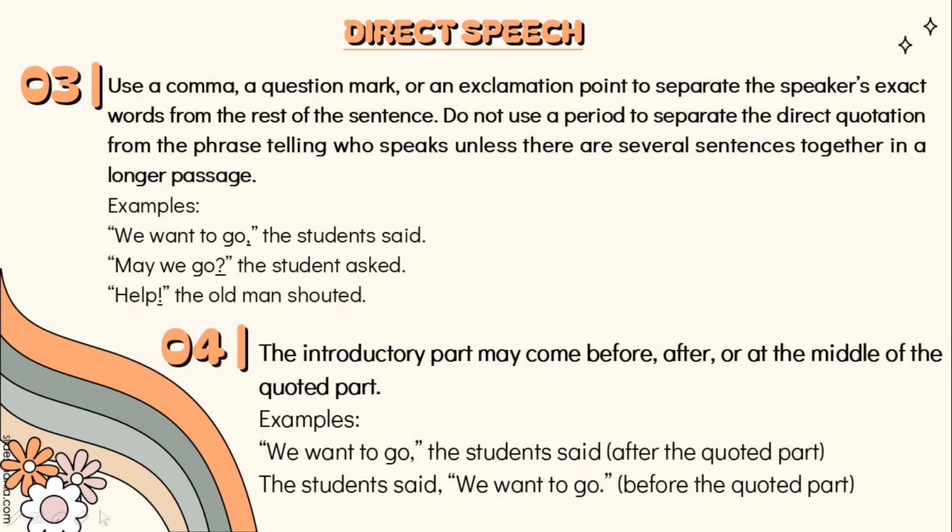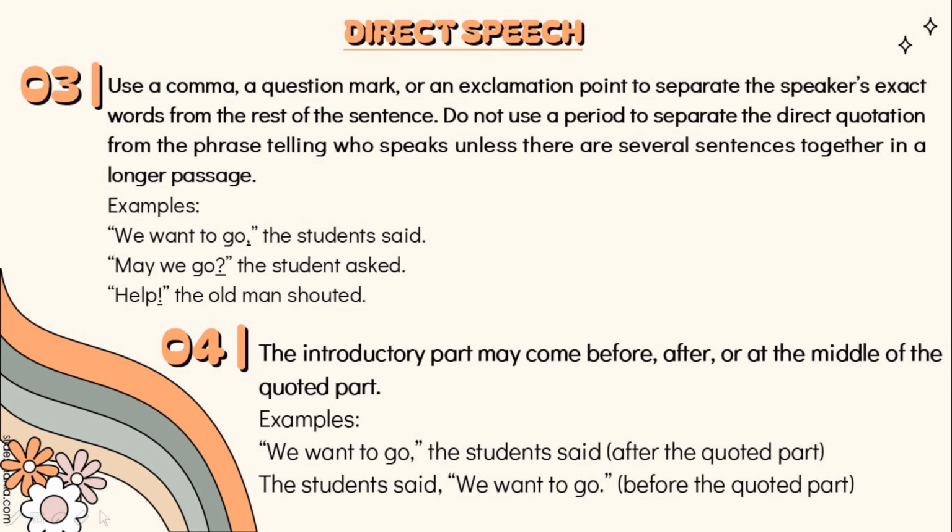So, for example, "We want to go," the student said. As you can see, the introductory part is placed after the quoted part. On the other hand, it can be: The student said, "We want to go." This example has the introductory part before the quoted part, or the exact words of the speaker. Okay? Did you get it?